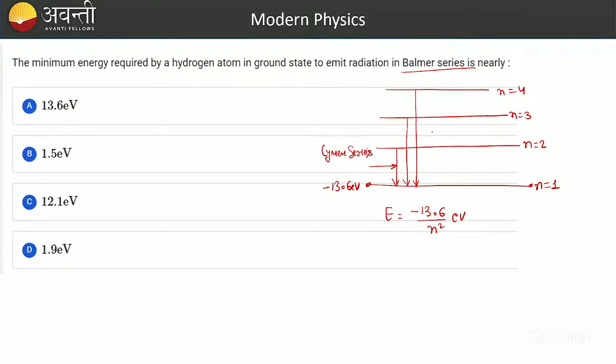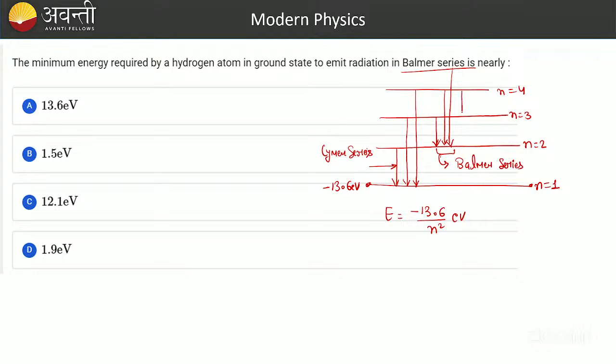But from any state, if the electron is taking the transition or changing the state from any above state to n equals 2, that spectral line series is categorized as the Balmer series. These are the Balmer series.